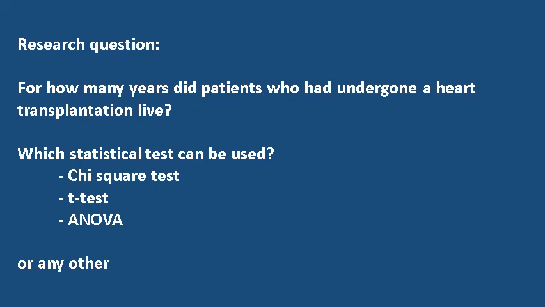For ANOVA test also, the outcome should be a continuous variable and the independent variable should be categorical and have more than two categories. So we cannot apply ANOVA also here.